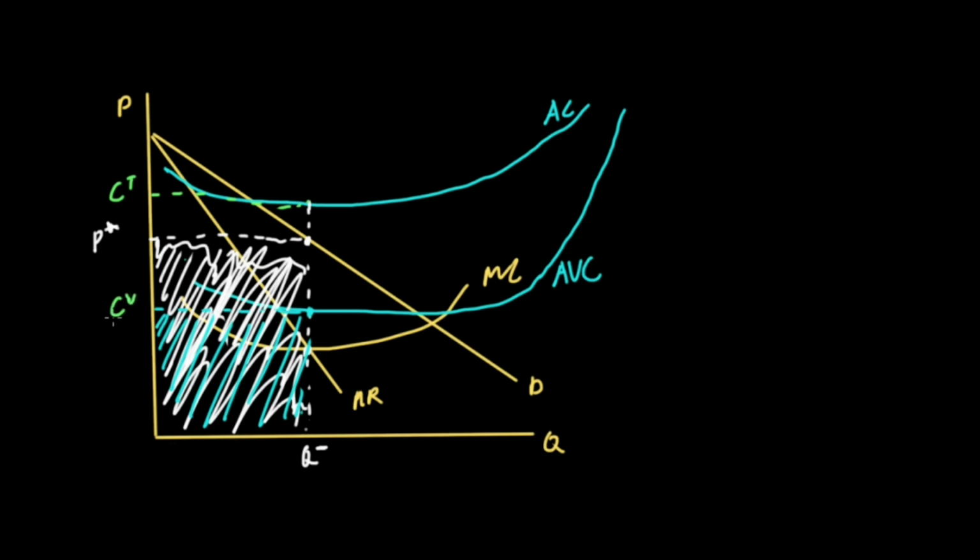And so the question now is, will the firm produce or not? The firm in this case, despite the negative profits because of the larger cost compared to revenue, would actually continue producing because the price per unit, so P star, is actually greater than the average variable cost.